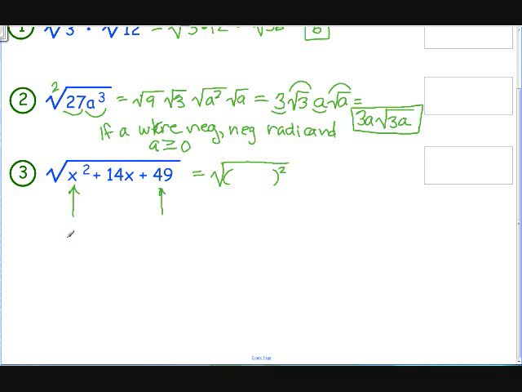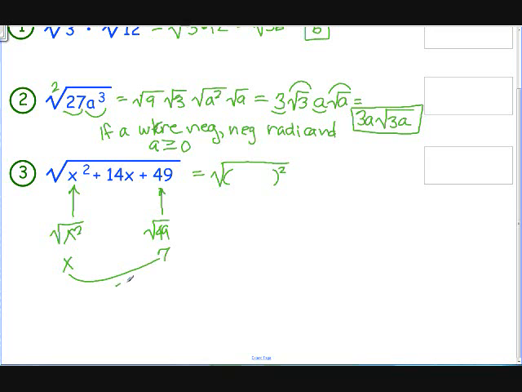x squared, is that a perfect square? Yes, it is. The square root of x squared is going to be x. The square root of 49 will be, that's right, 7. And then what do I do with these? I multiply them together.